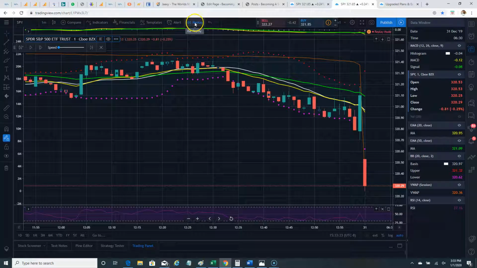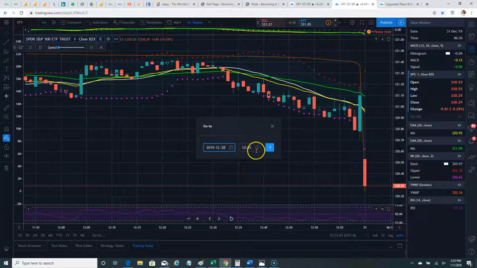How you want to go about it: you can decide to go back to the specific time that you want. So in this case, let's go back to the 30th at 12:45. The time here is in Pacific time, that's my time zone. The tool naturally sets the timing to your local time zone.